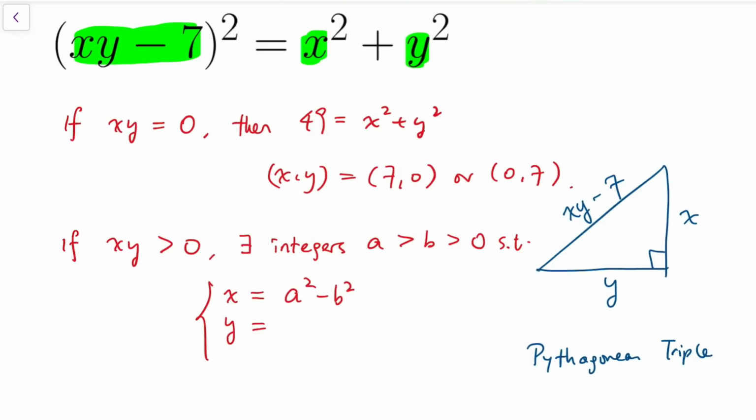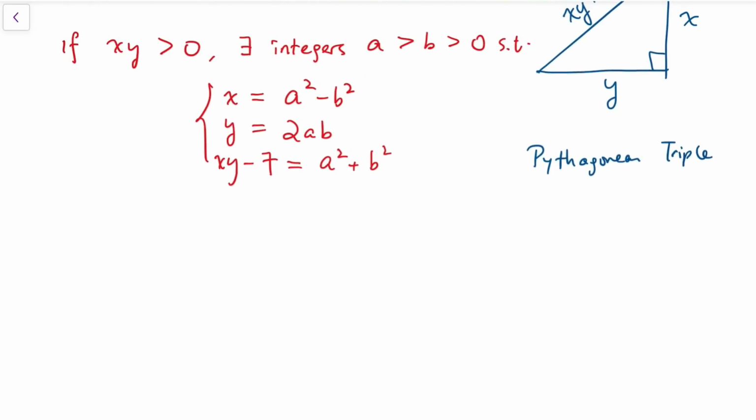At the same time, for the same a and b, y equals 2ab. And for the hypotenuse, xy minus 7 is equal to a squared plus b squared. There always exists such integers a and b, and both are positive.